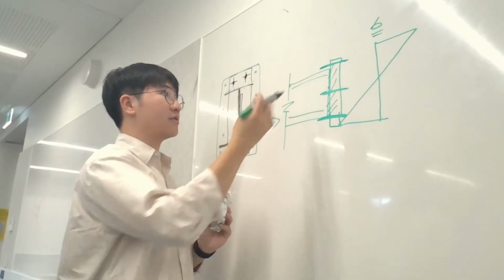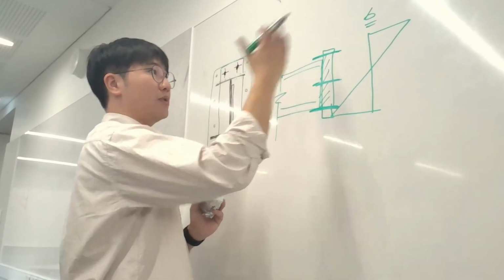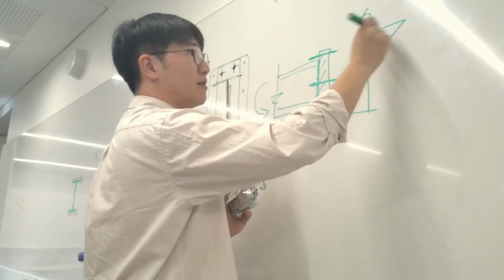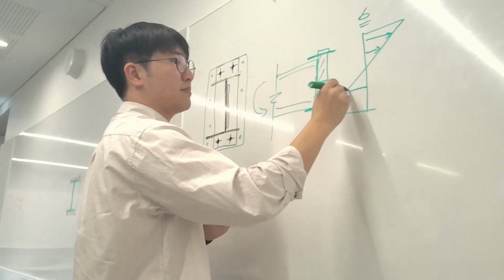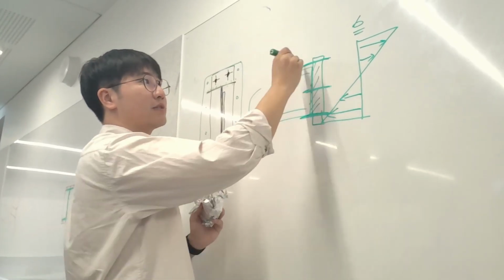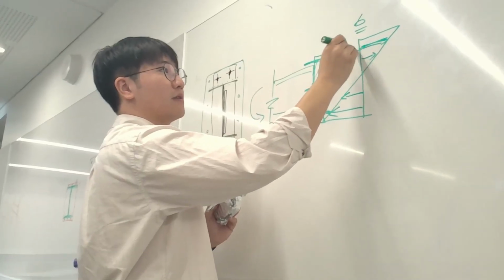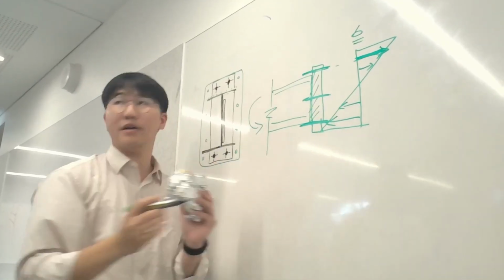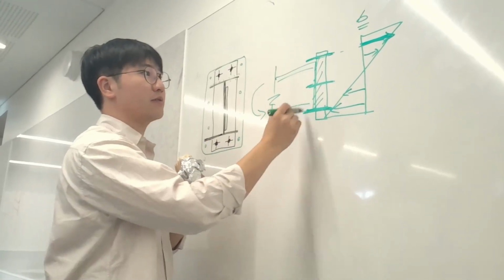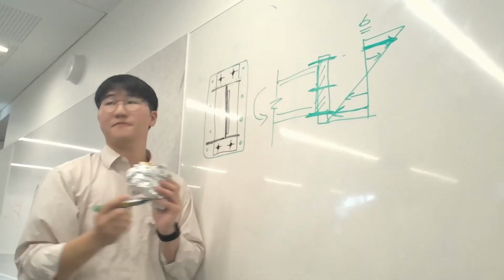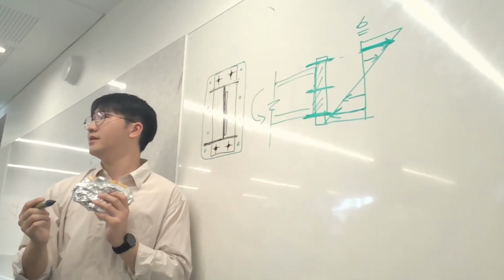Yep. And so the top is going to want to pull out in tension. I'm just going to do it this way. So that amount of tension is induced there, and then this one will be in compression. That much. Does that make sense? Yeah.